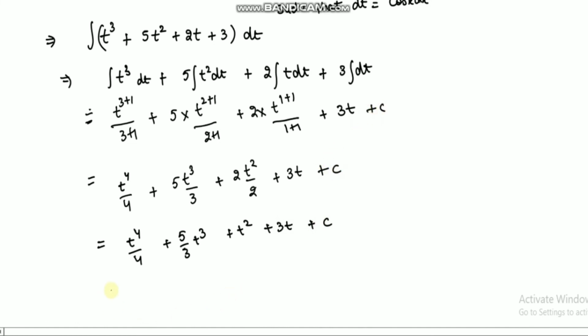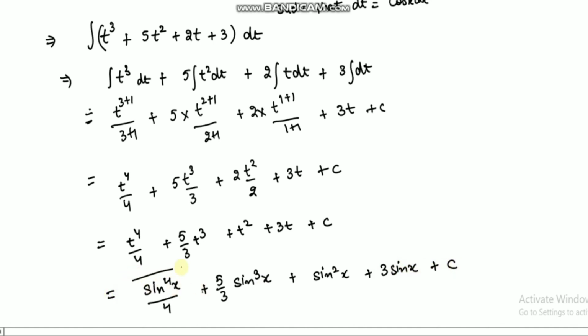Now let's put the value of t, which is sine of x, that is sine to the power 4 x by 4 plus 5 by 3 sine cube x plus sine square x plus 3 sine of x plus c, and this is our final result.